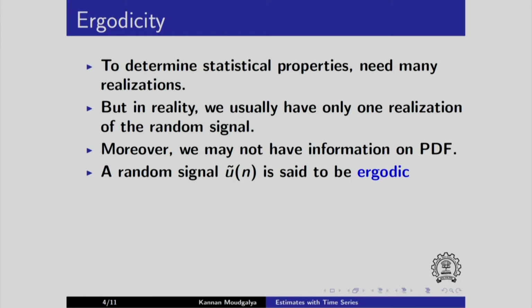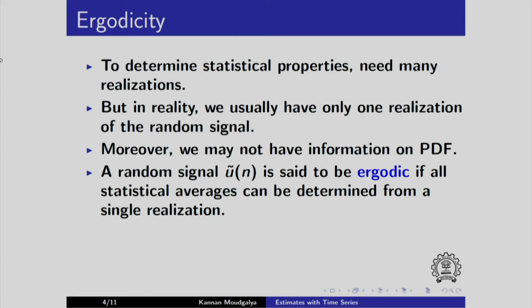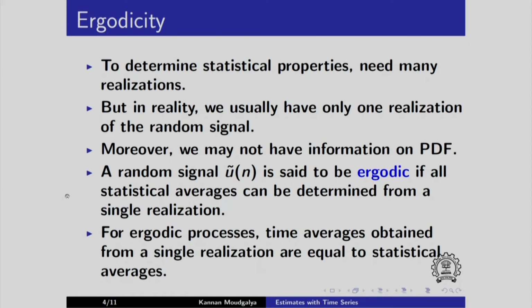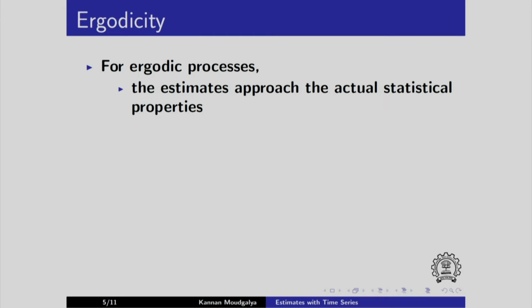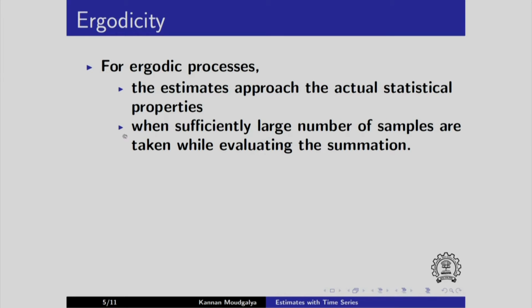A random signal is said to be ergodic if all statistical averages can be determined from a single realization. For ergodic processes, time averages obtained from a single realization are equal to statistical averages. For ergodic processes, the estimates approach the actual statistical properties when a sufficiently large number of samples are taken while evaluating the summation.